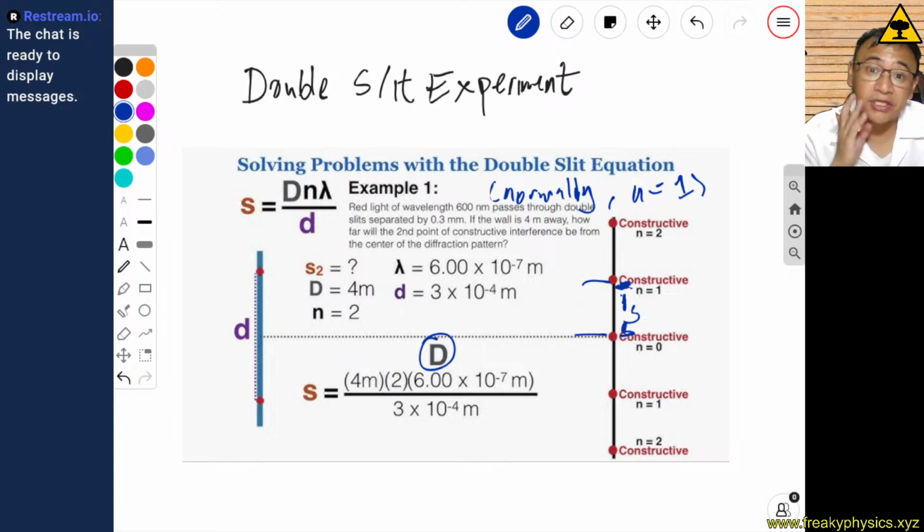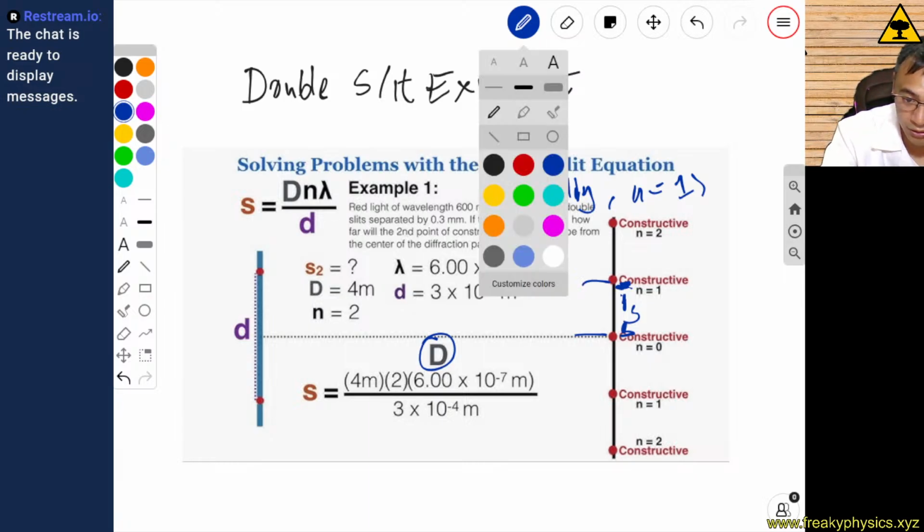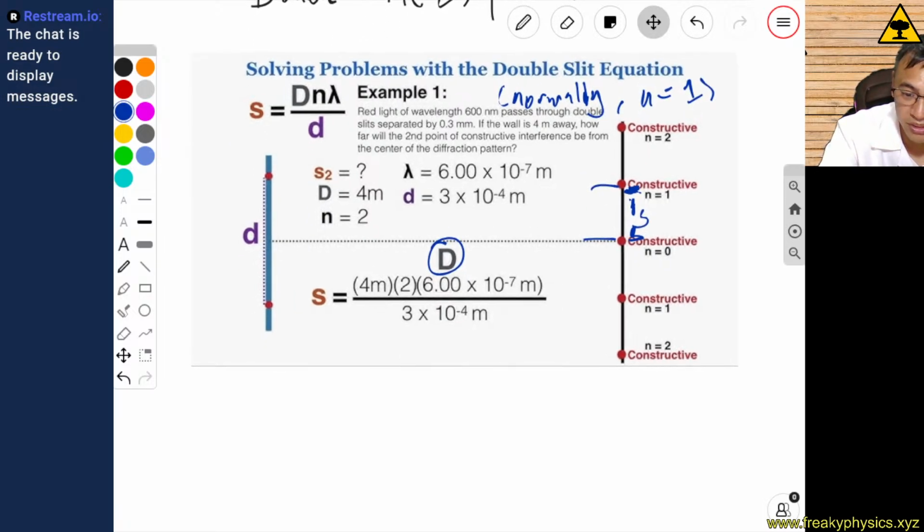I know this is the equation that IB provides, and I know this is also the equation that A level provides. I'm not so sure about the other qualifications. But the key idea here is that if you rearrange this equation, I want you guys to see this. I'm going to ignore n for now, so I'm just going to remove that because that's equal to 1 in most cases. So S equals lambda D over d.